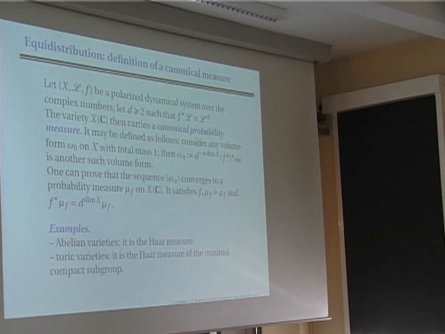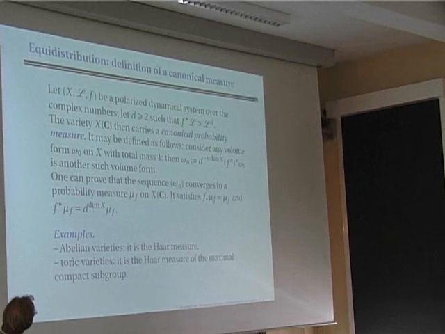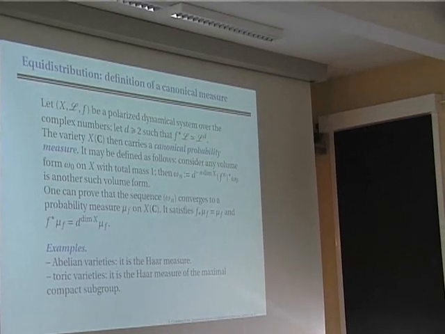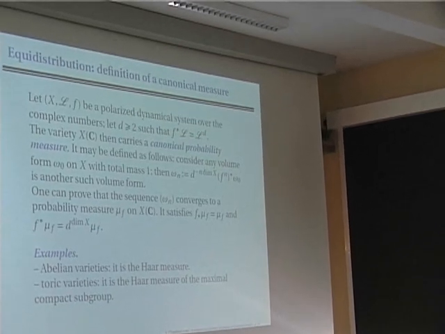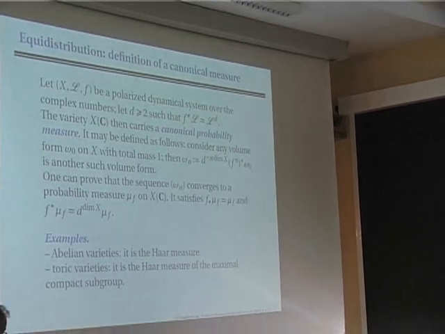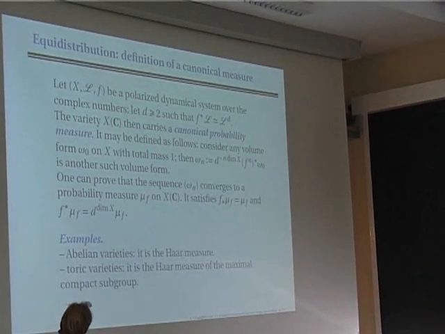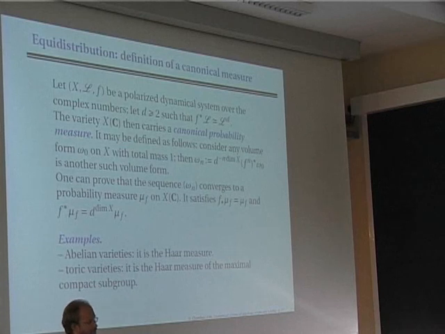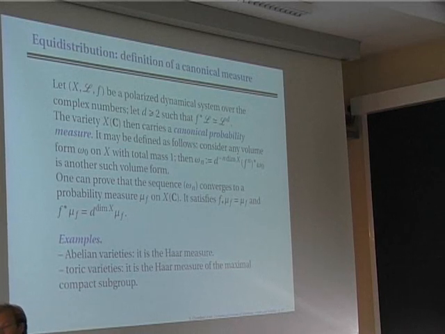I still look at the polarized dynamical system over the complex numbers. D is an integer such that f star L is L to the D. And I describe the canonical probability measure, which is supported by the complex points of the variety.